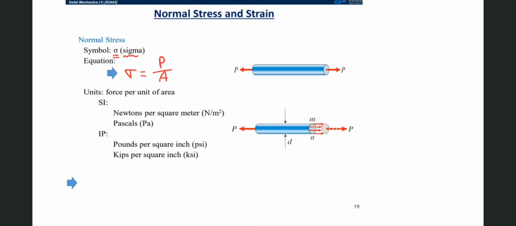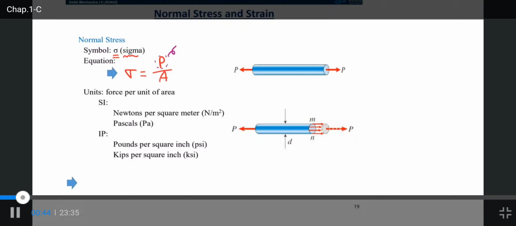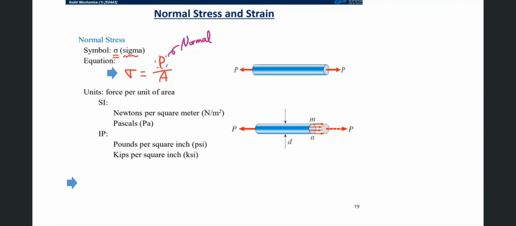In this case, P represents the normal force and A represents the unit area.